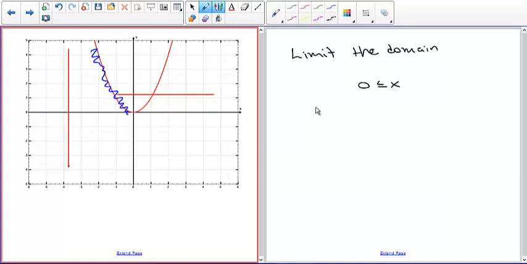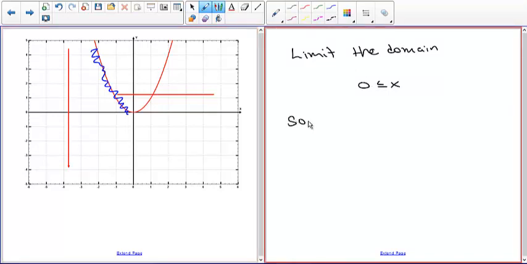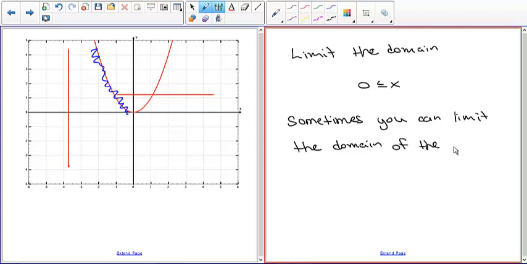So basically what you can say is sometimes you can limit the domain of the function to make it one-to-one.